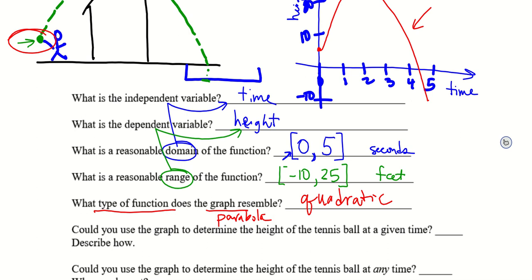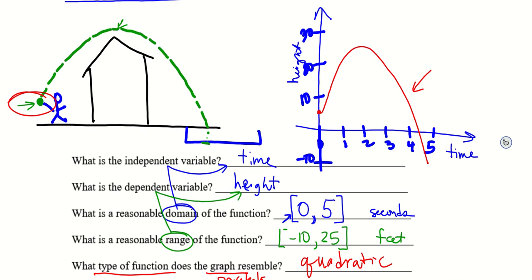So if we come in here, could we find the height of the tennis ball after 3 seconds? Well, if we go to 3, follow the line up to the graph, and then a horizontal line over, we could estimate that maybe after 3 seconds, the ball is at a height of 18 feet.